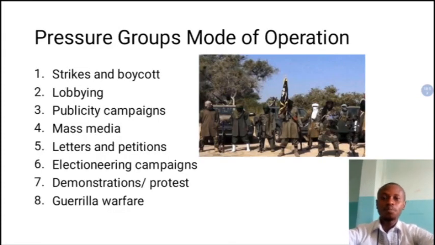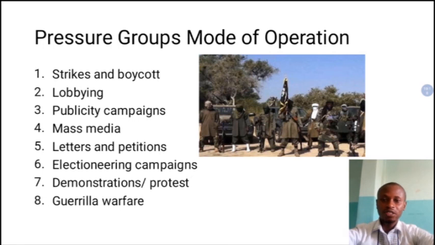Now let's look at the pressure groups' modes of operation. How do they operate? What do the activities look like? The methods they adopt that will enable them influence government policy, since that is their aim, to influence government policy for the betterment of their members or general public.